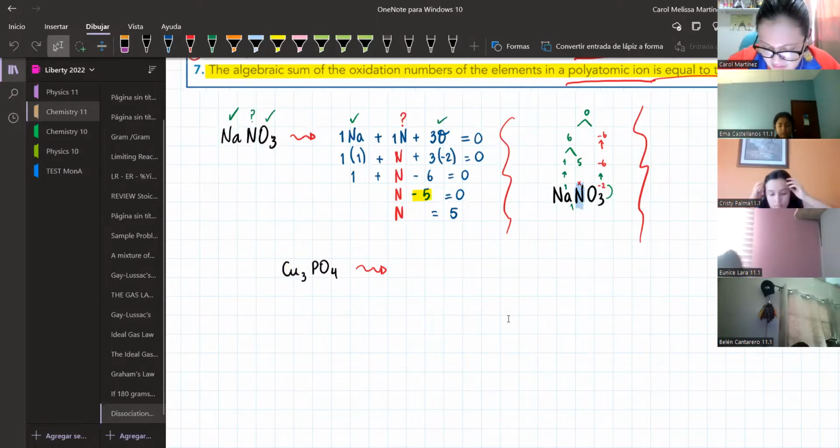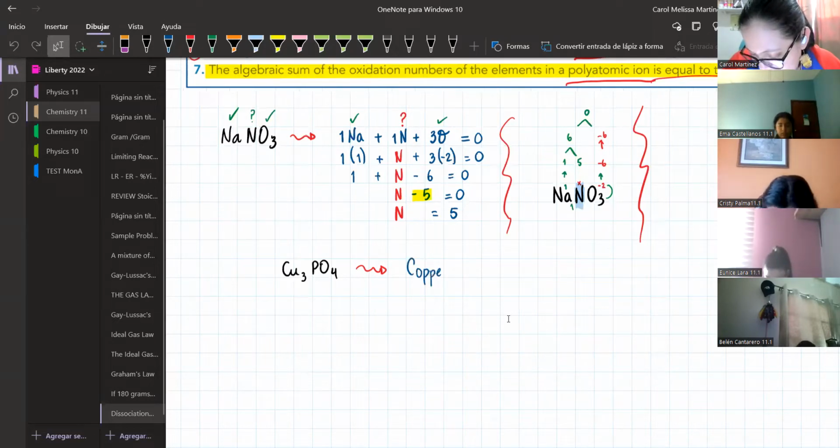Because here I don't see any numeral, I know that the charge that is coming from copper is an invisible 1. So this is copper 1. It's a transition metal with multiple charges. Copper 1, okay? And this is called phosphate.